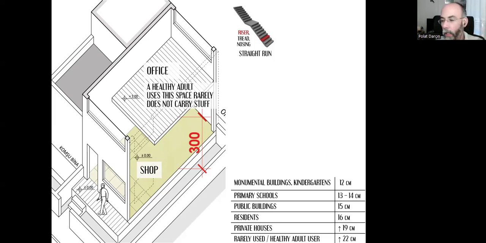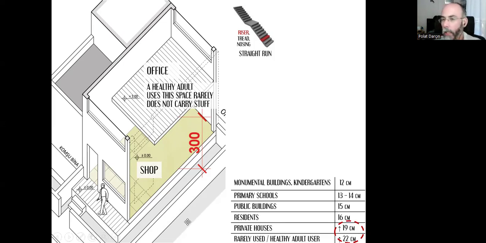That means that he's not going to be up and down the staircase so many times during the day, and he's not going to carry any stuff. These are the properties of the user.